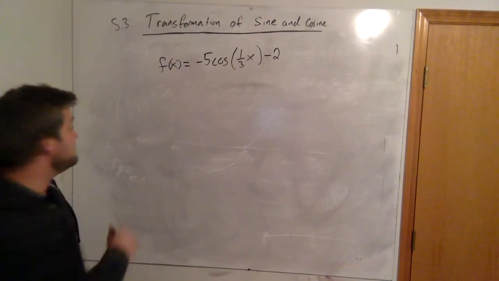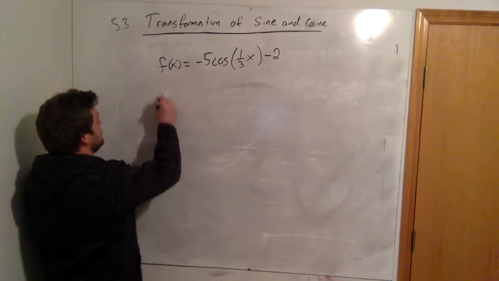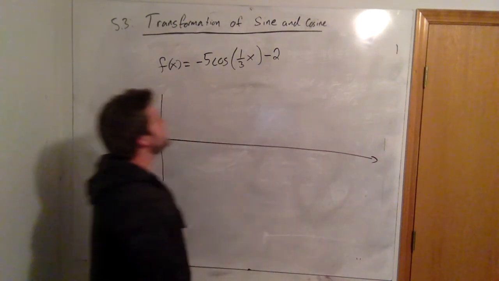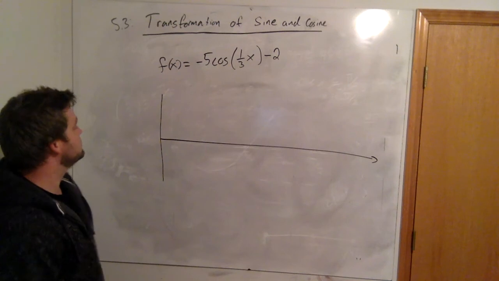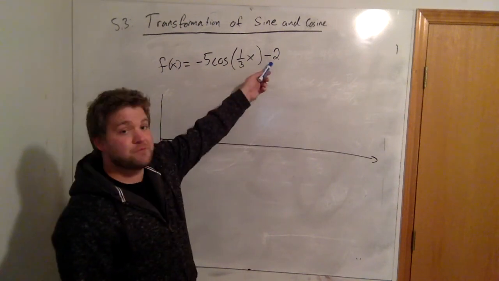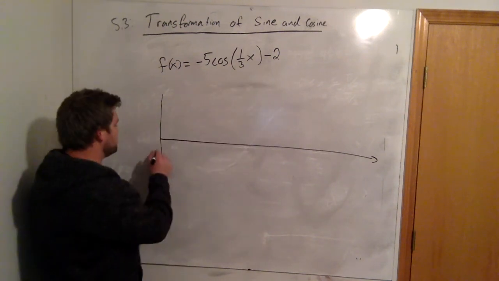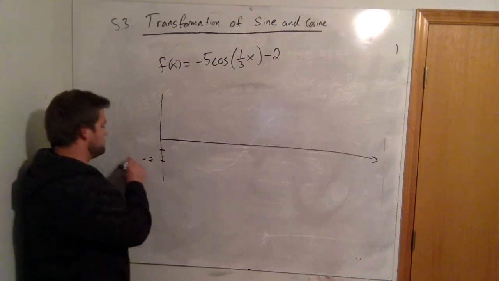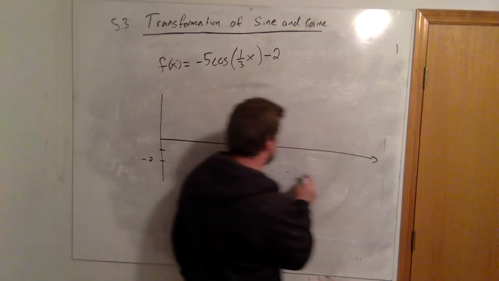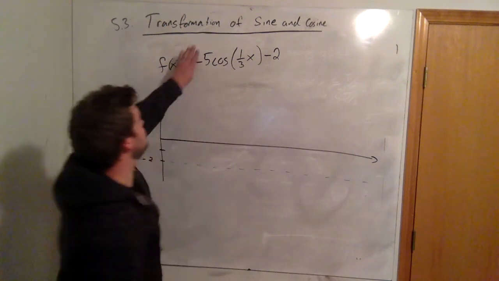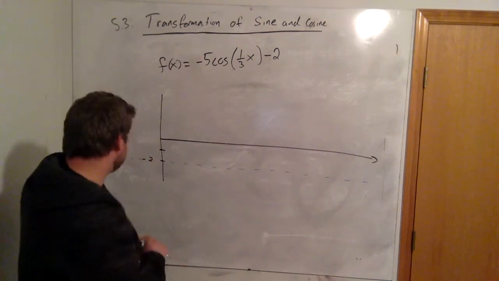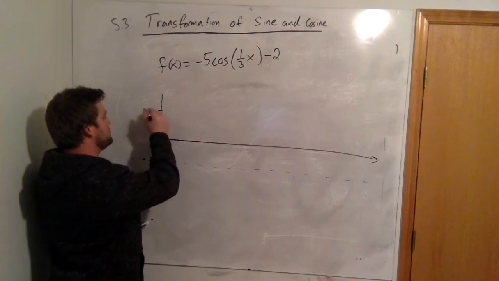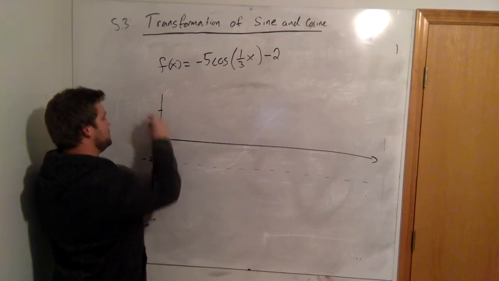Okay, let's do it. The main things I'm going to pay attention to here are where the equilibrium is and what the amplitude is. I'm shifting this graph down by 2 units, so I know the equilibrium is at -2. My amplitude will be 5. I need to go 5 units up from the equilibrium: 1, 2, 3, 4, 5, so that will be 3.